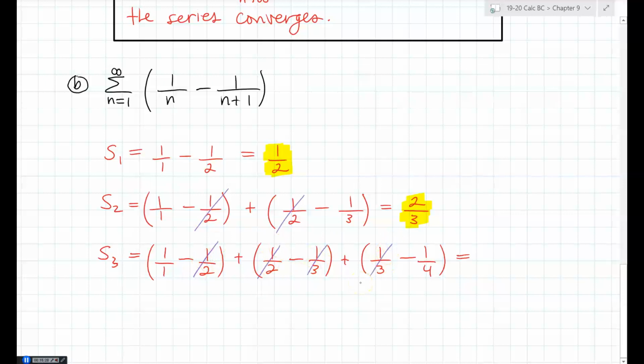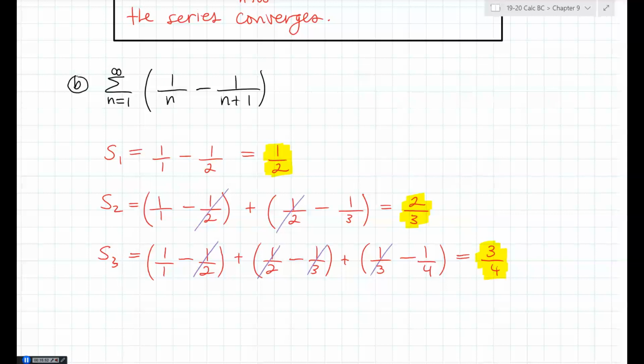It's just 1 minus a quarter. So that's 3/4. Okay, so they call it telescoping because the further out you go, it doesn't matter. It's just the front end and the back end that actually matter. The rest cancels itself out.